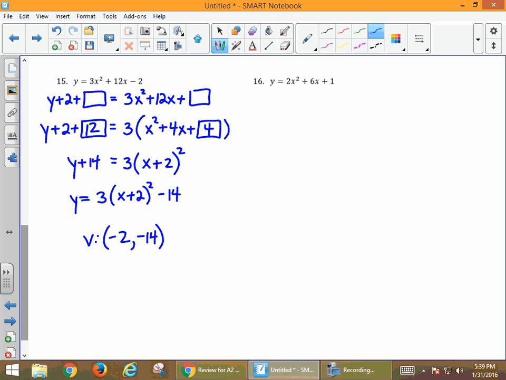Question 16, very similar to 15. Clear the constant. Y minus 1 equals 2x squared plus 6x. I have a 2 in front of the x squared, so I will factor it out.